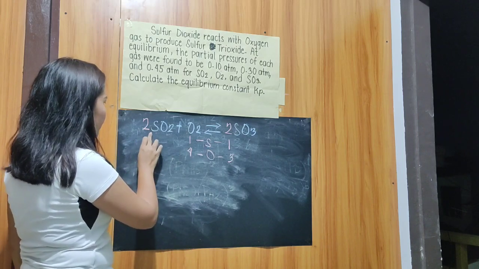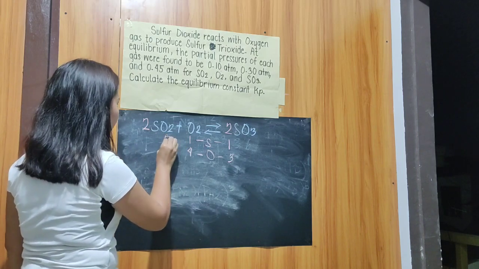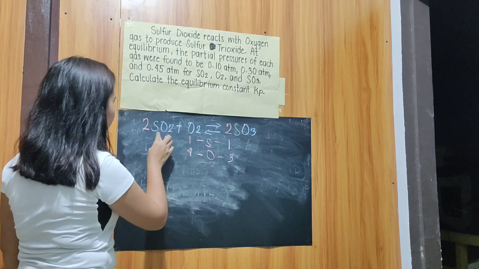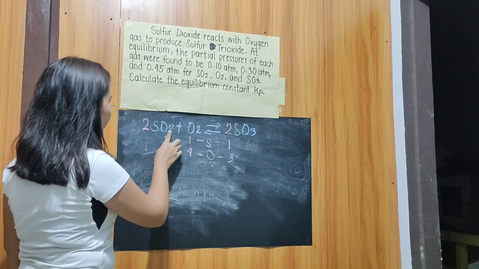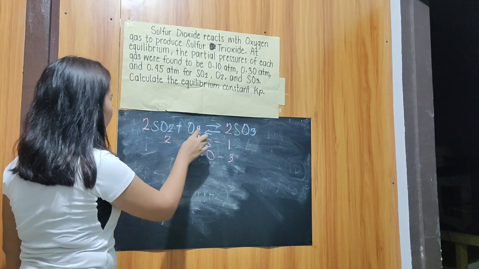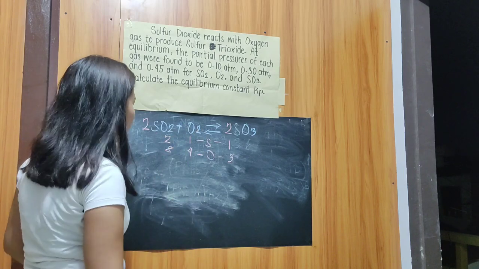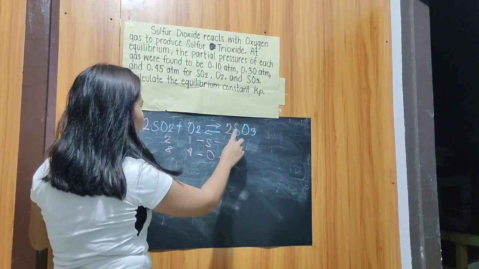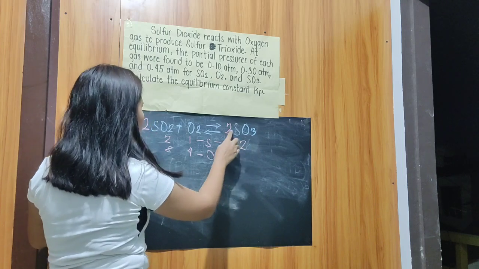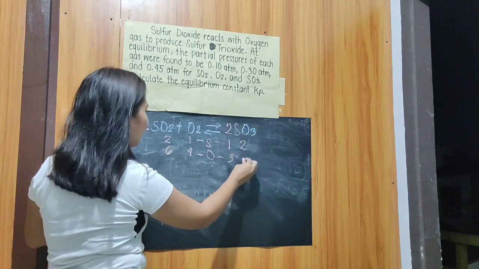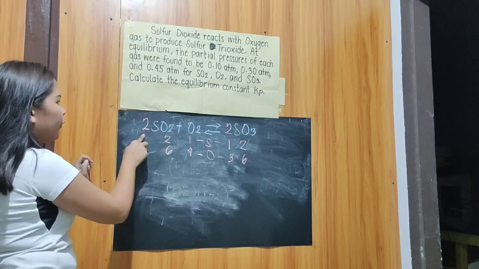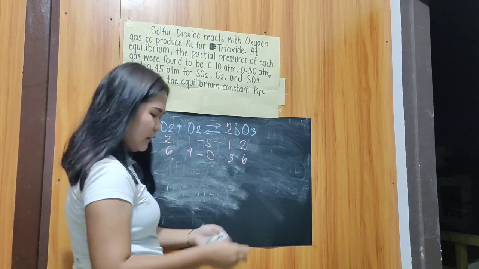Sulfur is 2. Oxygen, 2 times 2, 4, plus 2, 6, and 2 times 3, 6. Okay, so it is balanced.